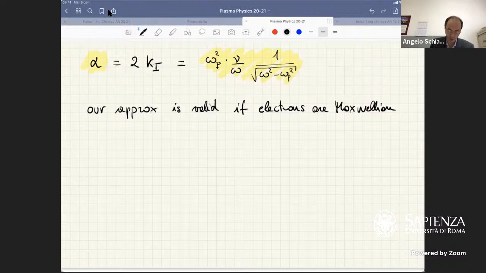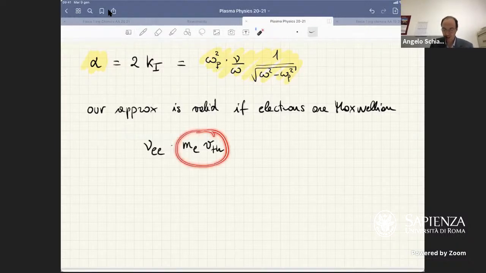So for instance, we assume that the frequency of electron-electron collision times the typical momentum of the electron, which is mass of the electron times the thermal velocity, and this is the rate at which the momentum is redistributed by electrons within themselves.